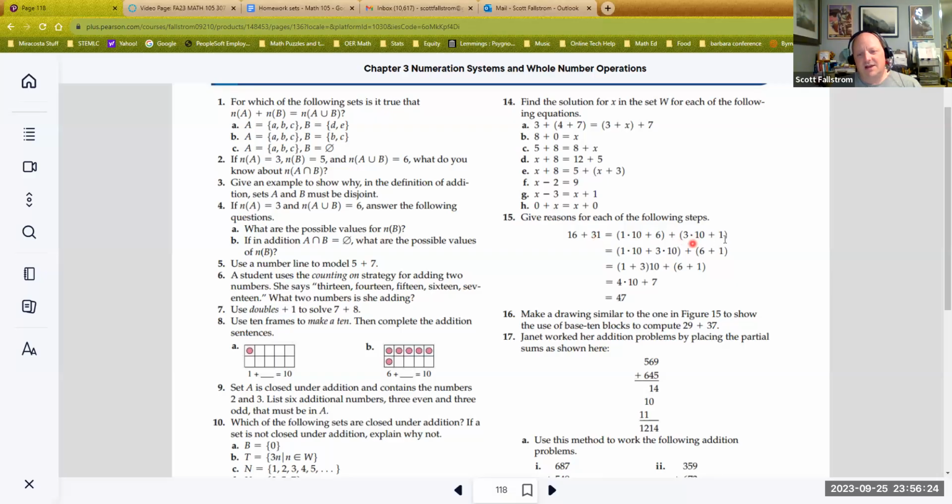So what you're doing is you're writing the place value of each digit. So you have three groups of 10 plus one. You have one group of 10 plus six. The next one is to take the 3 times 10 and the 6 and switch those. I mean, that's really a nice idea. And this actually is two steps, because in order for these two to switch, that would be the commutative property. But you'll notice not only did they switch, really the grouping would have to change as well.